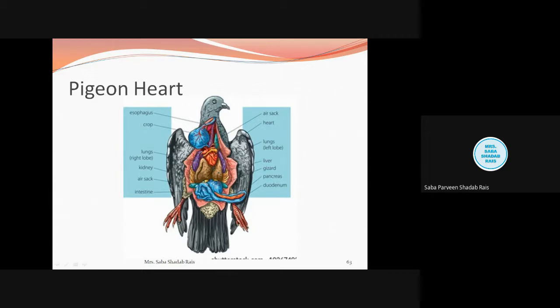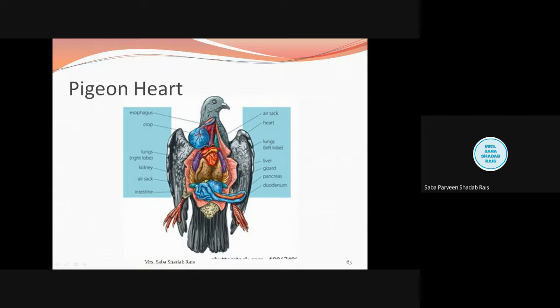This anterior part is the base, and this narrow or tapering part is the apex. The base is situated at the anterior end, and the apex is situated at the posterior end.